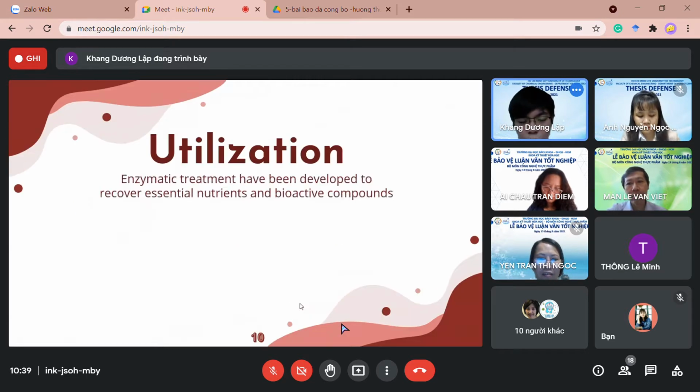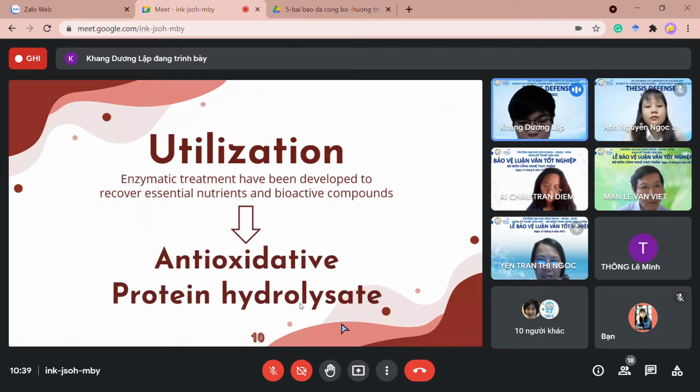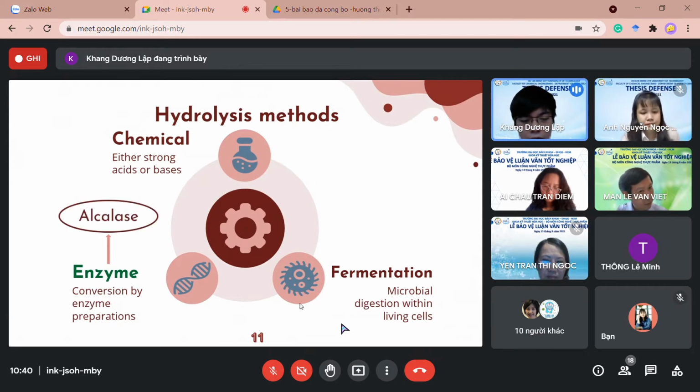Because of that, we decided to utilize the byproducts by using enzymatic treatment to produce antioxidative protein hydrolysate. The hydrolysis can be done in 3 ways: by chemicals, microbial fermentation, or by enzymes. By far, enzymatic hydrolysis has been considered the most beneficial method, and in our thesis, alcalase was used.